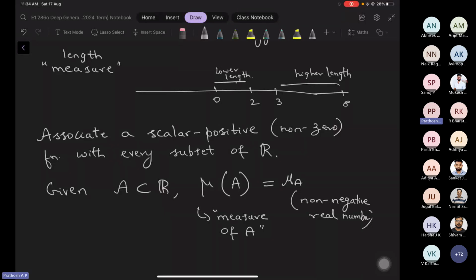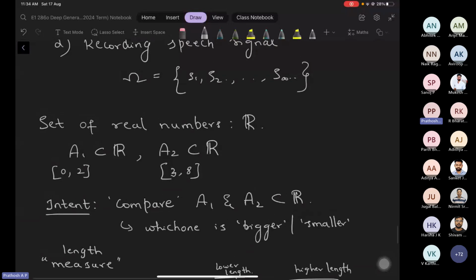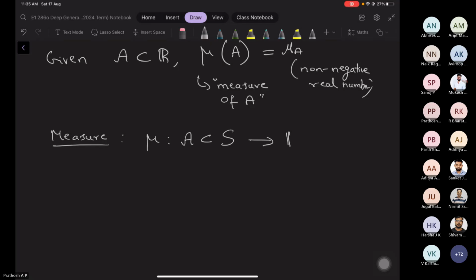Do you understand? Now, basically, let's abstract out. We are given a set, the set of real numbers, and we take subsets of this set, and corresponding to each subset, I associate a non-negative number and call it the measure. Does it make sense? So a measure is basically a function that takes a subset of a given set and maps it to non-negative real numbers.